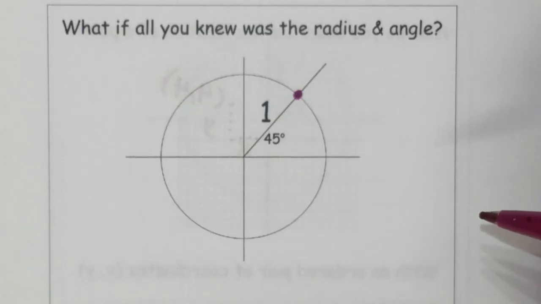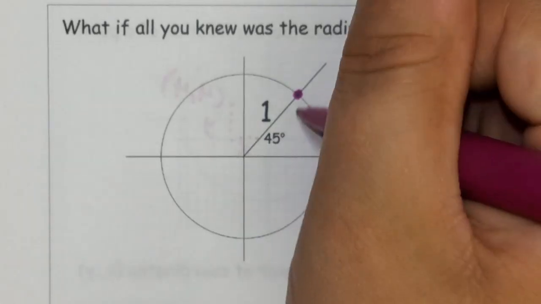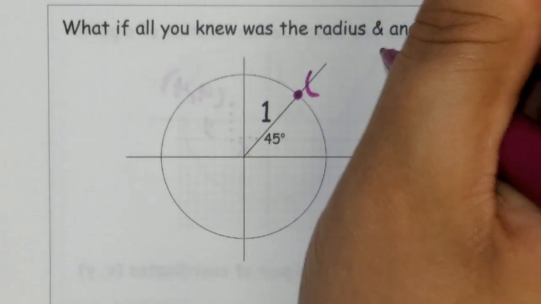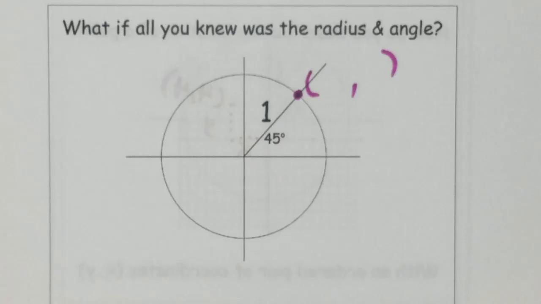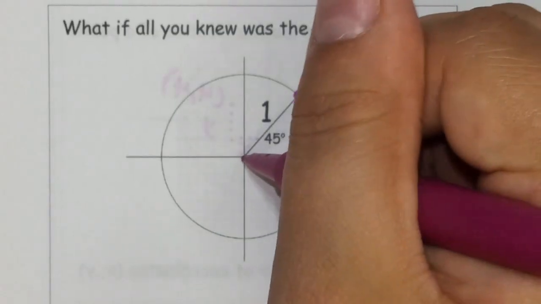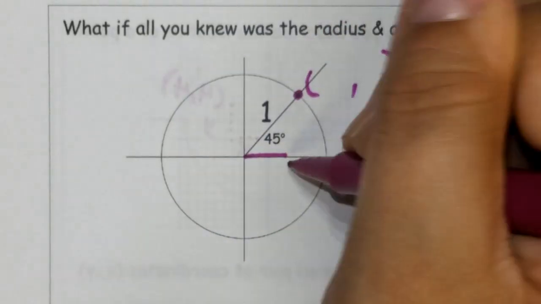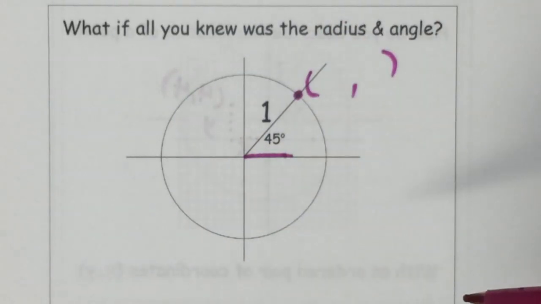What could you do to figure this out? How do I figure out what X value is here and what Y value is here? Make a triangle. Do you agree the X is how far it goes to the right?